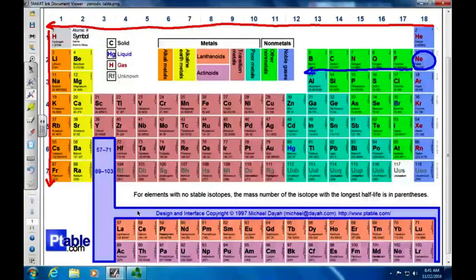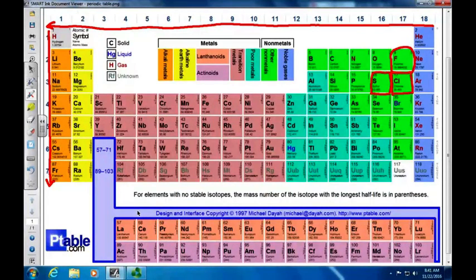So let's find our specific elements. We're looking for sulfur, chlorine, and fluorine. Okay, so that's our cluster right there.